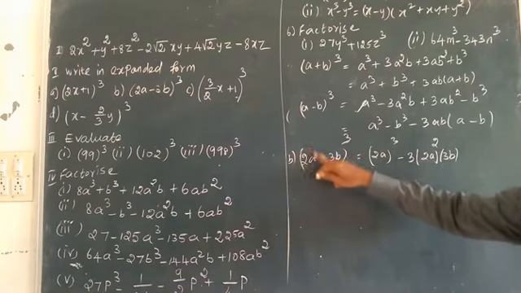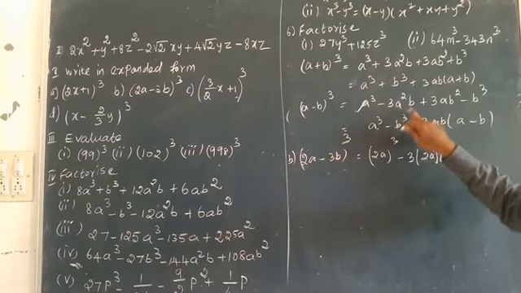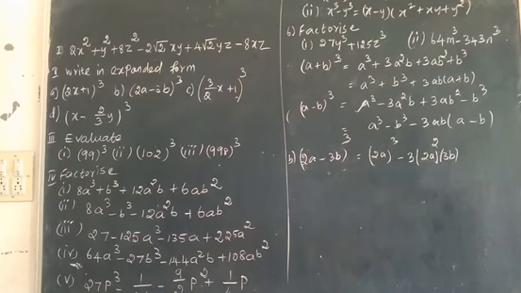So here the first term a is 2a, the second term b is 3b. Don't substitute with the sign. For positive no problem, but for negative you need to substitute carefully. Right. Next one, plus 3ab squared, that is 2a into 3b the whole power 2. Then minus b power 3, so (3b) whole power 3.